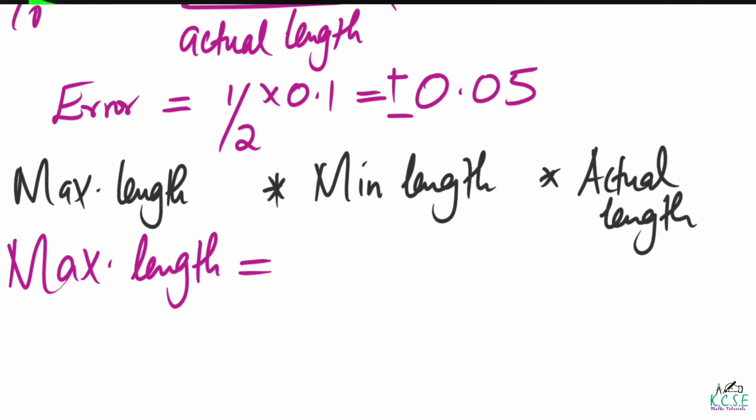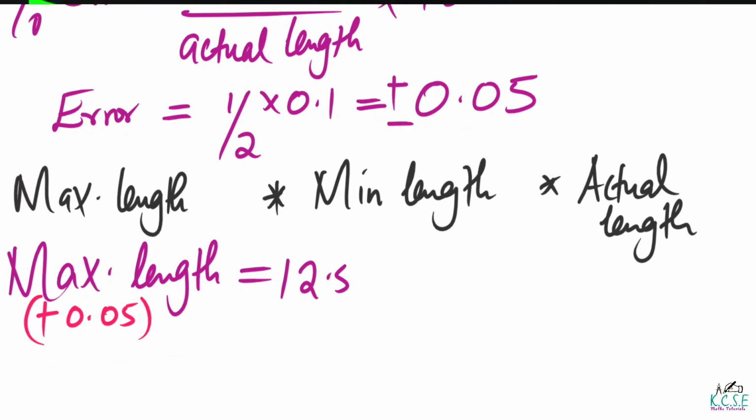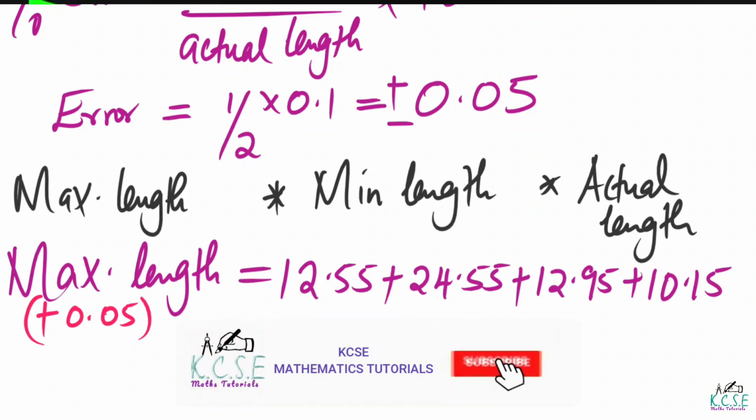To obtain the maximum length, we take each of these measurements and add the error 0.05, and this is what we get. The first one is 12.5, so this will be 12.55 plus 24.55 plus 12.95 plus 10.15.